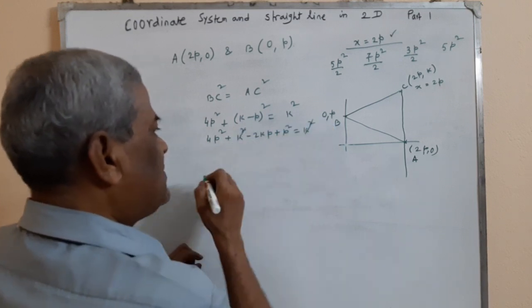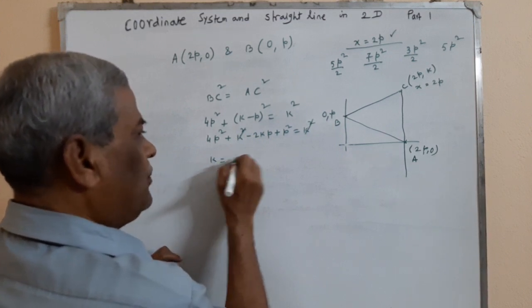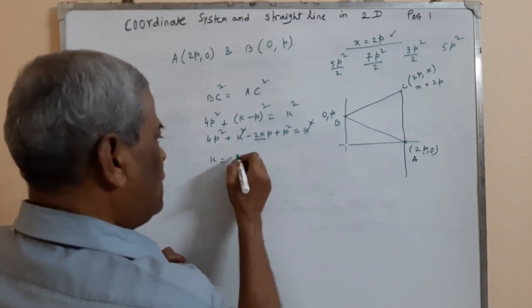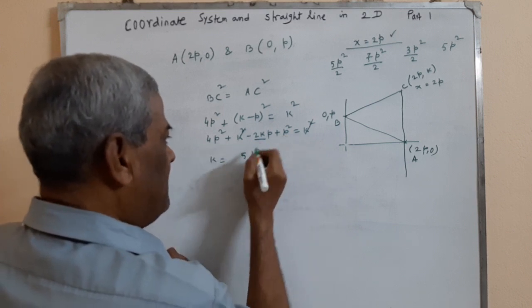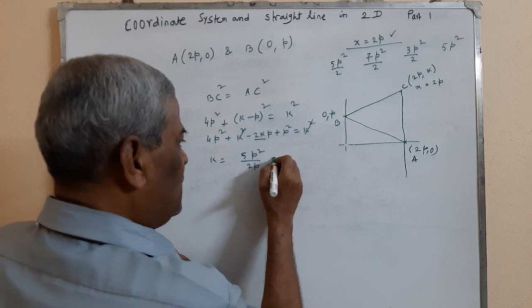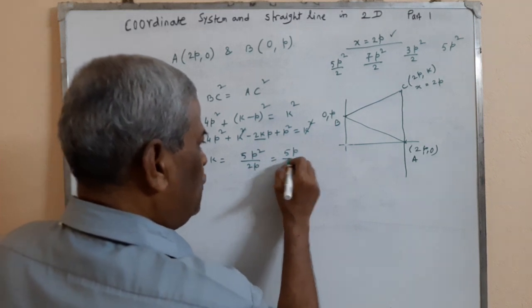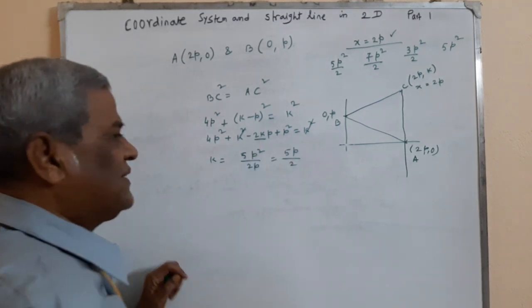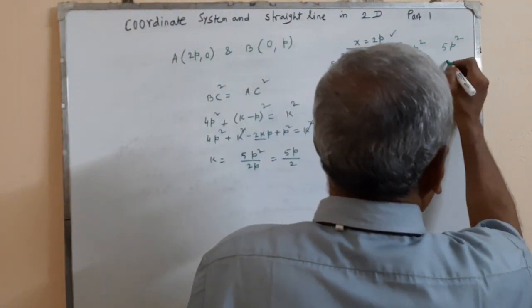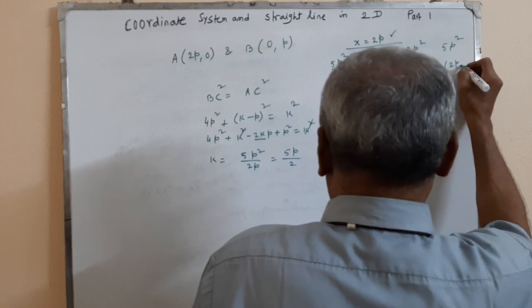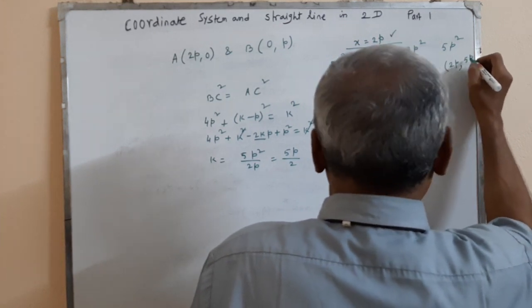K square cancels. So k is equal to 5p square by 2p, which is 5p by 2. One p cancels. So third vertex is actually (2p, 5p by 2).